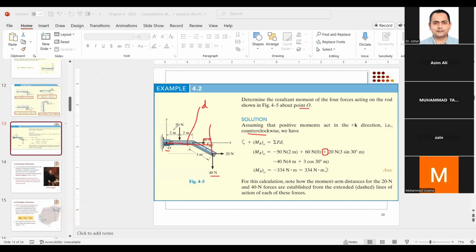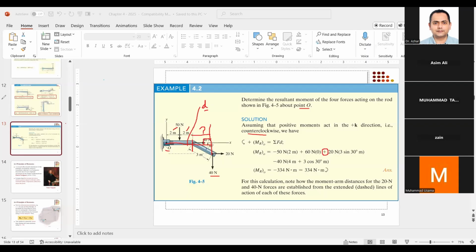Look, part of it is given here: 2 meter, 2 meter, so up to here is 4 meter. Then this other distance we have to figure out. If we can find this distance, we can add it to 4 meter and that will be our moment arm.